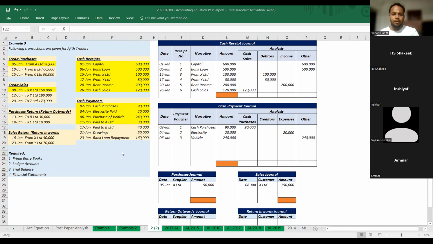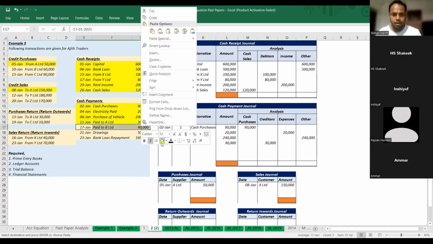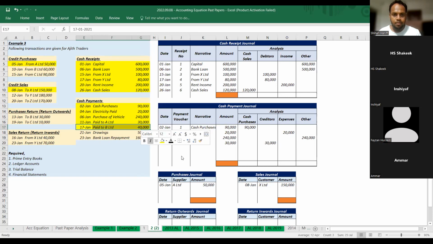We pay for creditors. 30,000. Make it fast. Paid to B Limited 40,000.